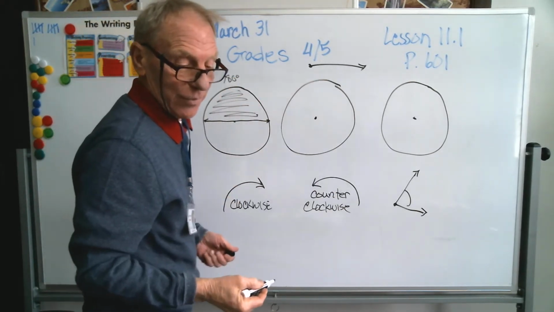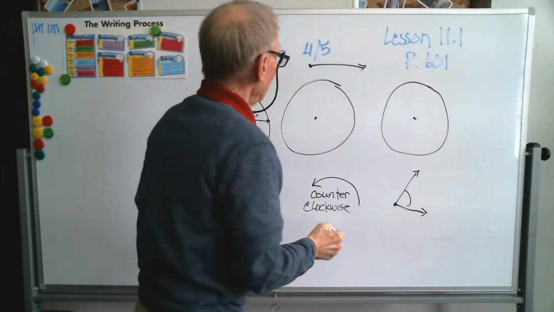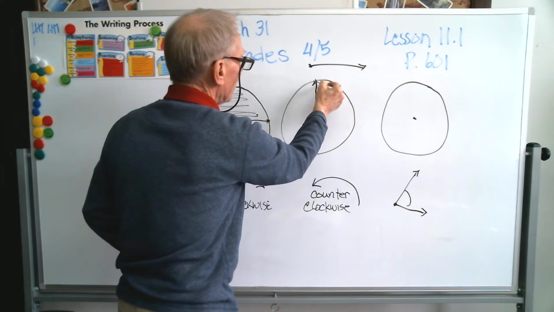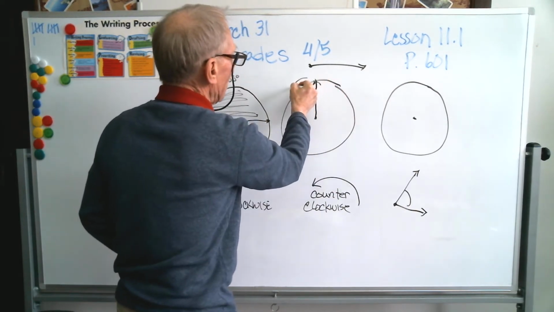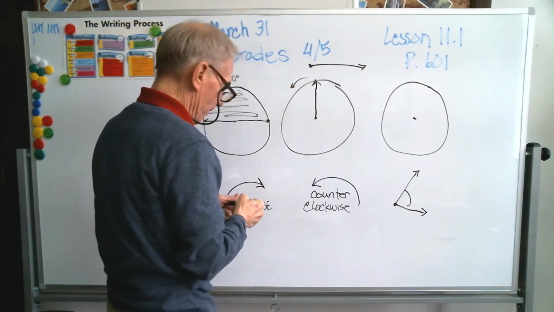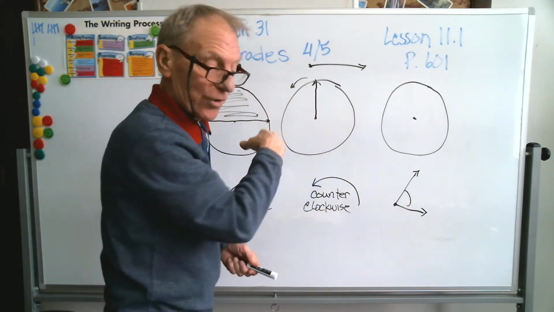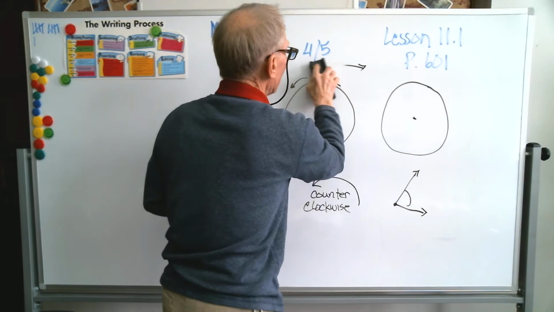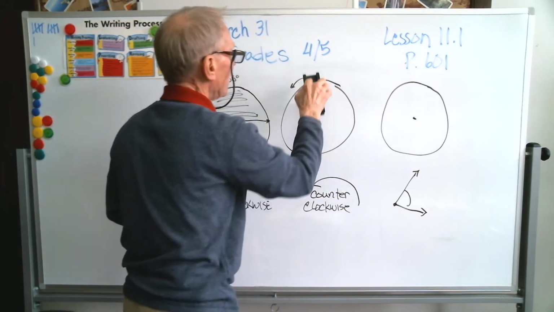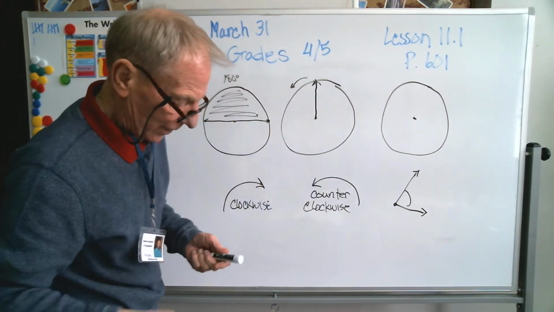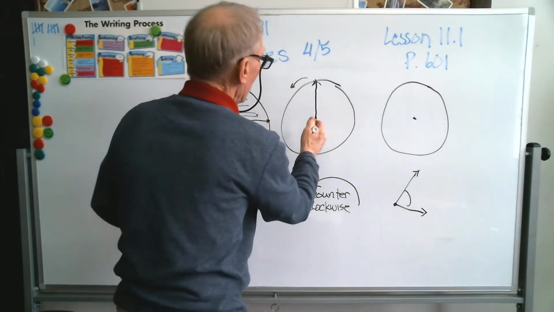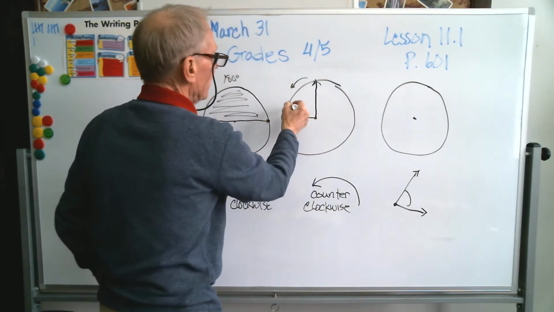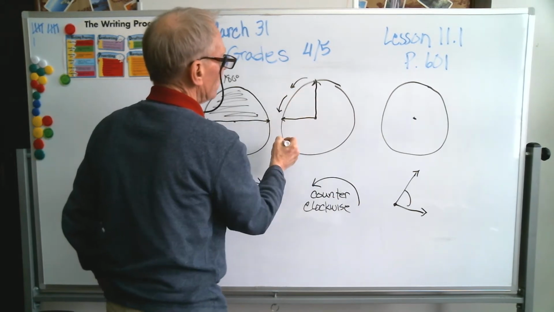Now, if we take the hands, let's just say we have one ray right here, and we want to go counterclockwise. That means you're going to go to the left. We're going to go counterclockwise, and we're going to go 1/4 of the distance coming around this way.